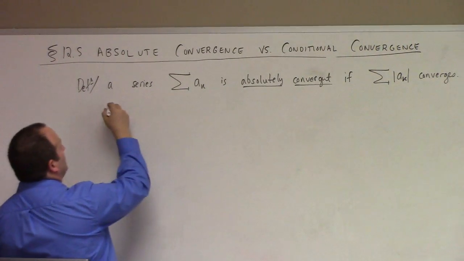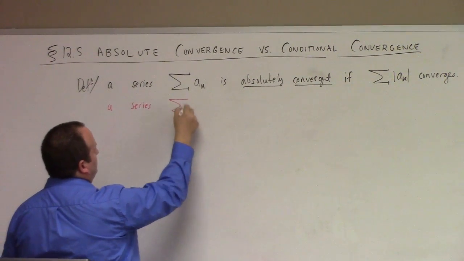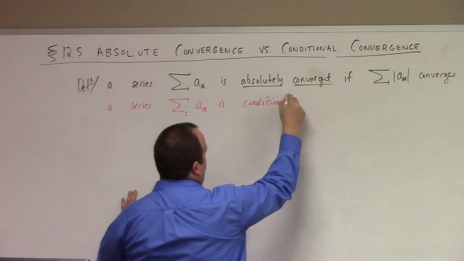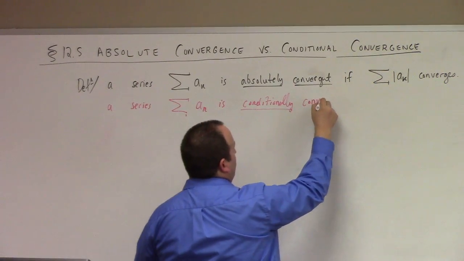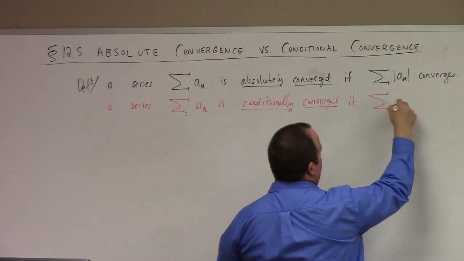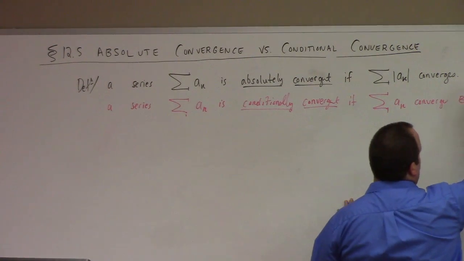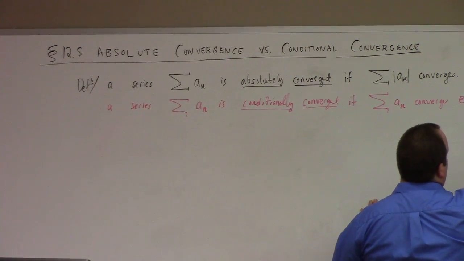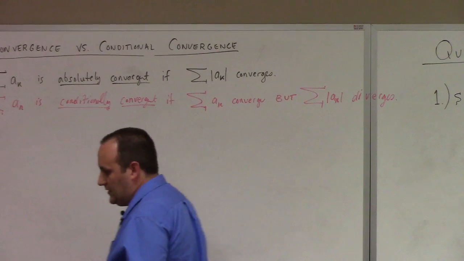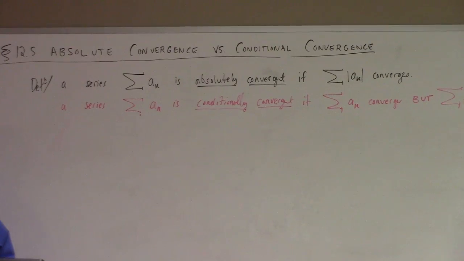On the other hand, a series is conditionally convergent if the series itself converges, but the series of the absolute value diverges. In other words, a conditionally convergent series is one which is convergent, but not absolutely convergent.